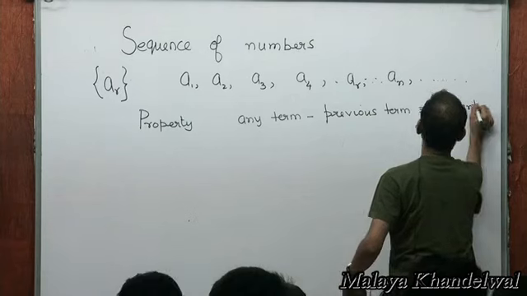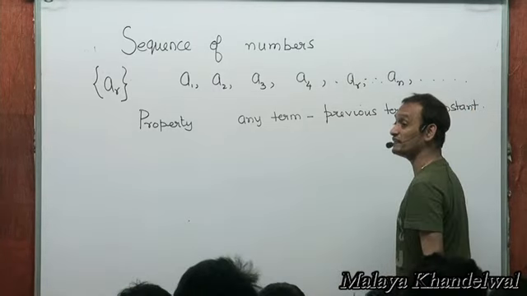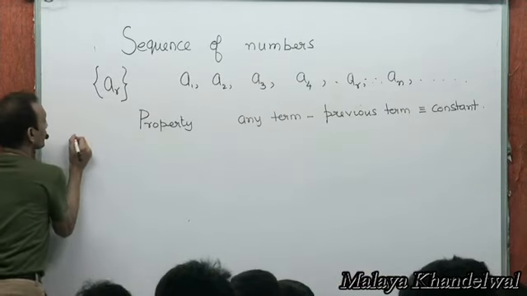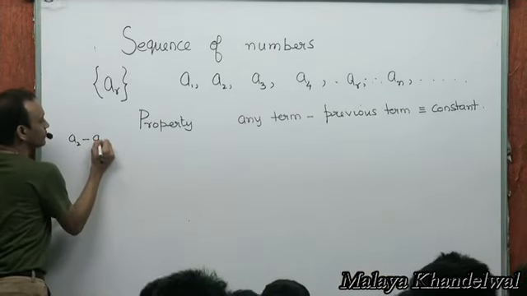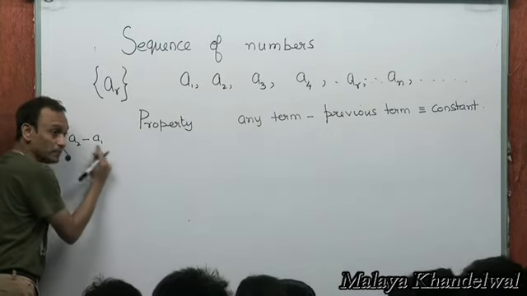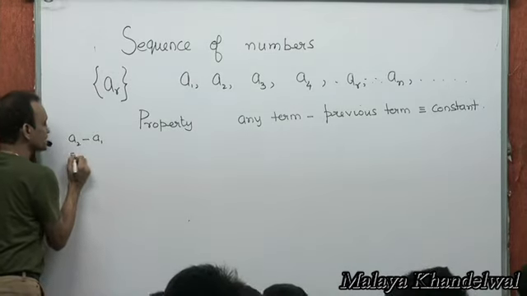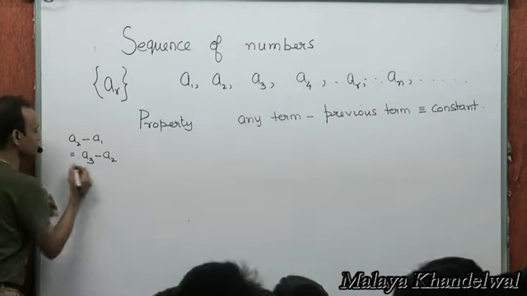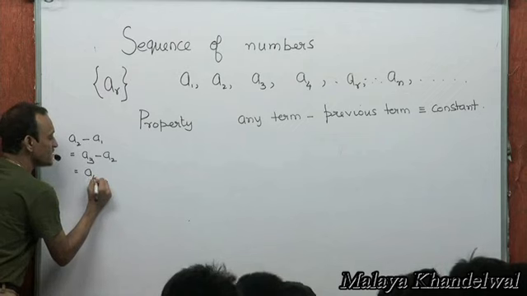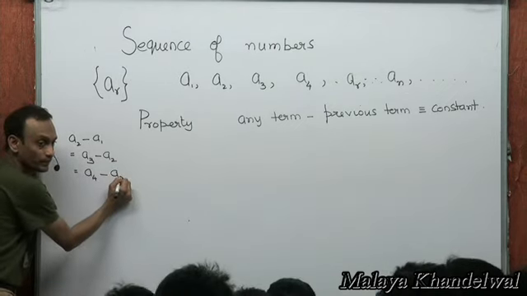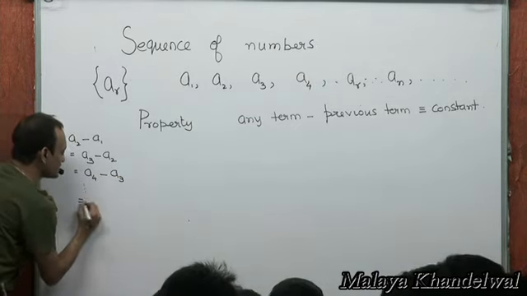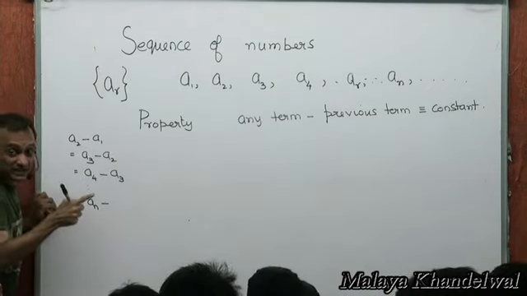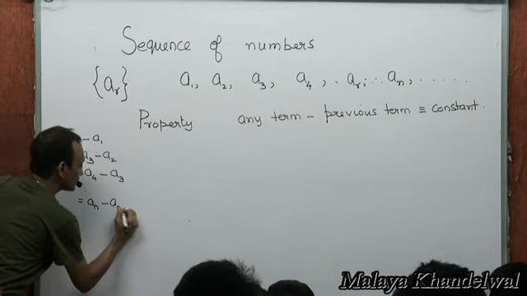That means A2 minus A1 is the same as A3 minus A2, which is the same as A4 minus A3, which is the same as some AN minus the term prior to AN, which is AN minus 1.